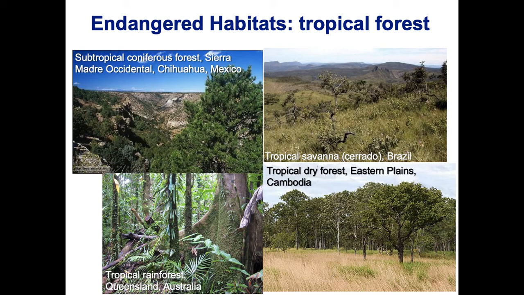So endangered habitats, we just talked about tropical forest, big thing that's going to be converted into different types of agriculture, both for livestock and for crops. So this shows some tropical dry forests, some tropical rainforest, but we know that these hold high amounts of biodiversity.